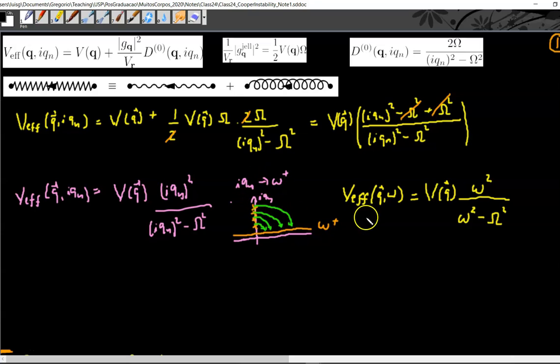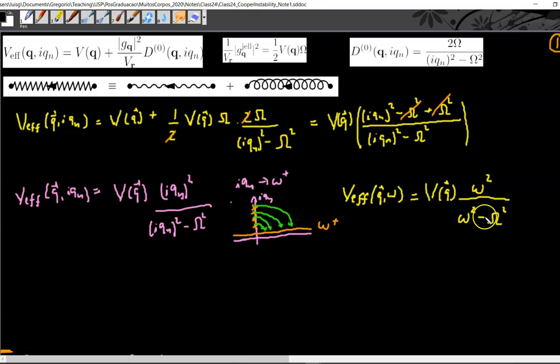So this is what we get. Essentially you take iQ_n to omega plus, omega plus a small imaginary part here. So this is the retarded potential, right? And then you just take the analytic continuation. That's omega squared here.